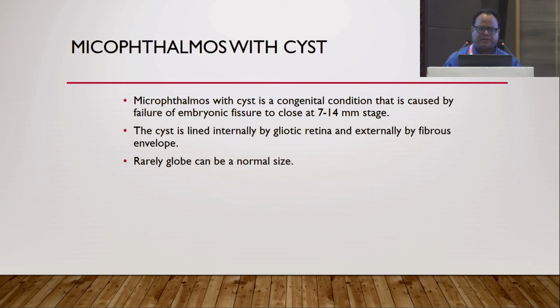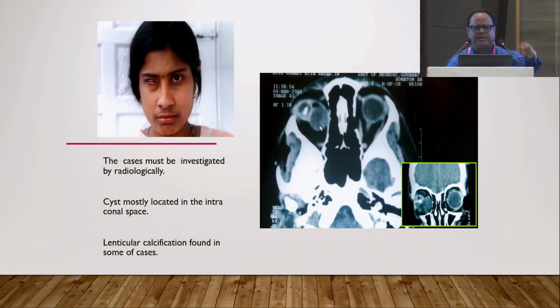It is generally 7 to 14 mm, lined internally by gliotic retina and externally by a fibrous envelope. Rarely the globe can be normal in size.